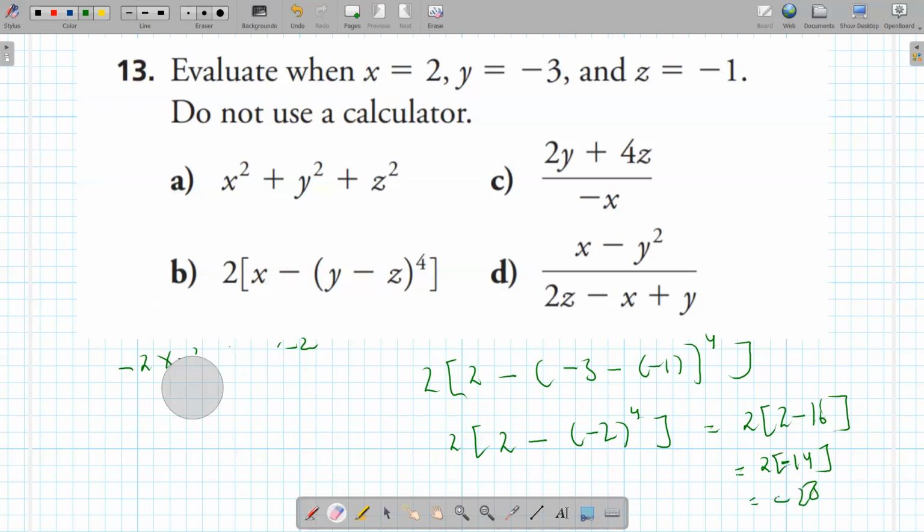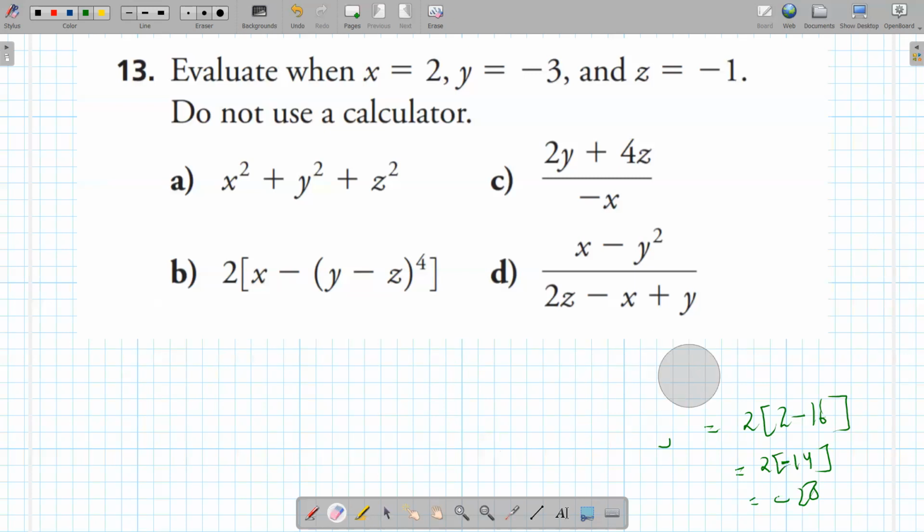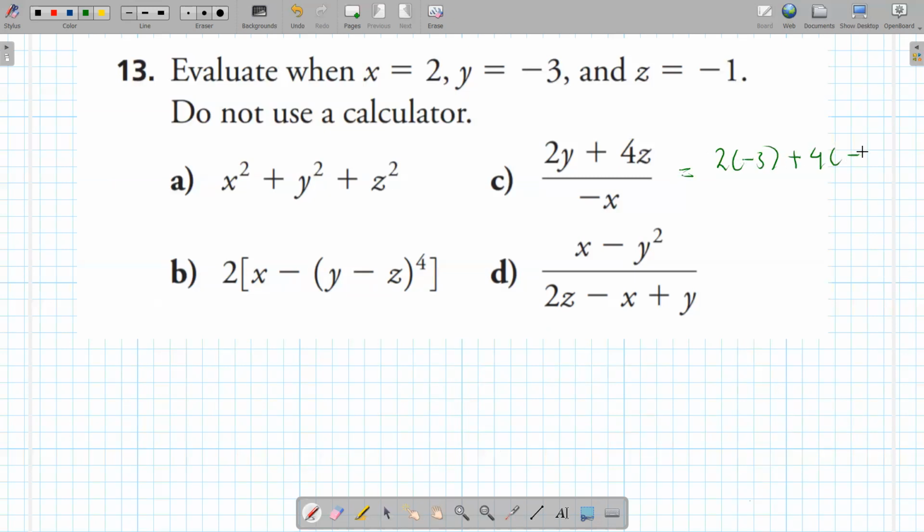Alrighty. Let's look at C. So 2y plus 4z. So we have 2 times negative 3 plus 4 times negative 1 all over negative 2. What do we do first? 2 times negative 3, which is negative 6.